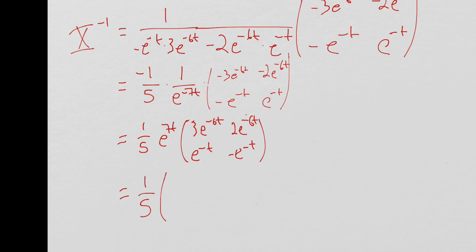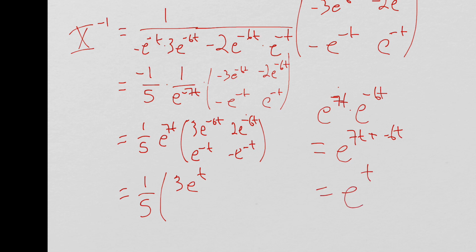Well, the 3 stays, but I'm left with the e to the positive t. Why is that? Because it's e to the 7t times e to the negative 6t, which by exponent rules is e to the 7t plus a negative 6t. We add there, and that gives me an e to the t after I do 7t minus 6t. That should be okay.